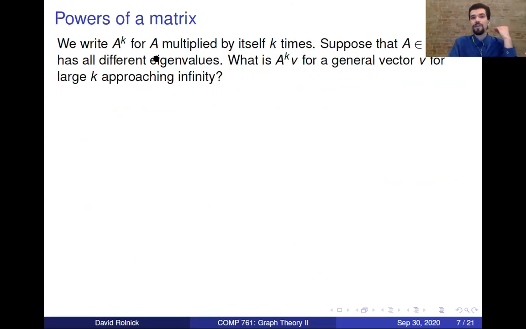So A squared is just A times A, A cubed is just A times A times A. Now suppose that A is an n by n matrix with all different eigenvalues. What is A to the k times v for a general vector v as k gets really large? What do you think about that?